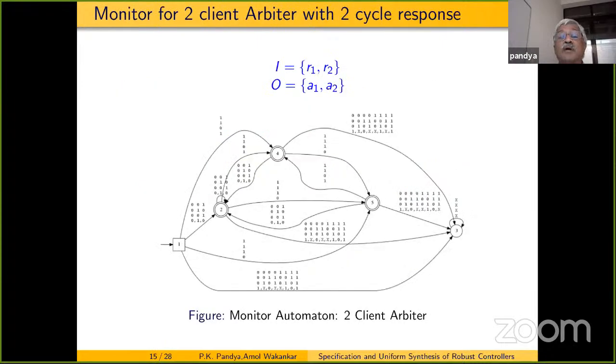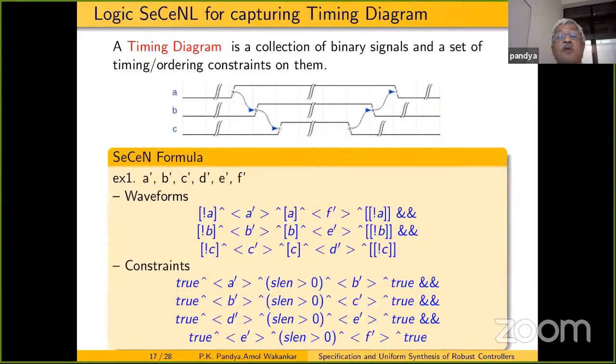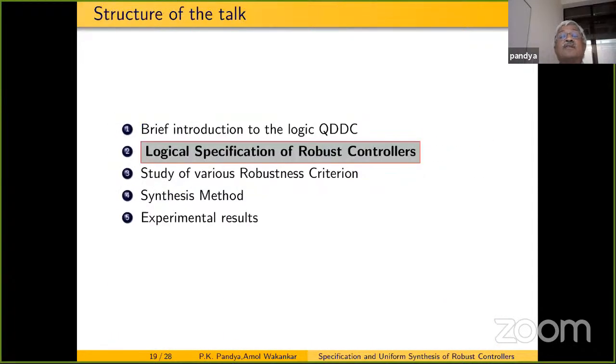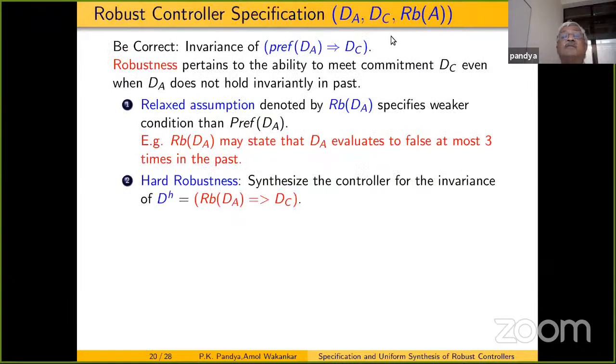And what is the synthesis problem? Let's come to the synthesis problem. The robust controller requirement is given by 3 formulas: an assumption formula, a QDDC formula called DA, which is equivalent to the assumption automaton, and a commitment formula DC corresponding to the commitment automaton.